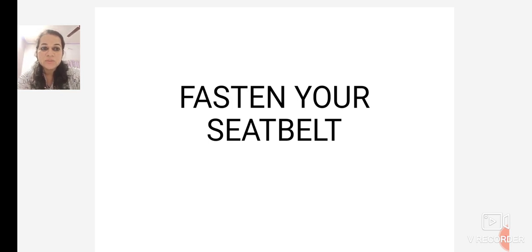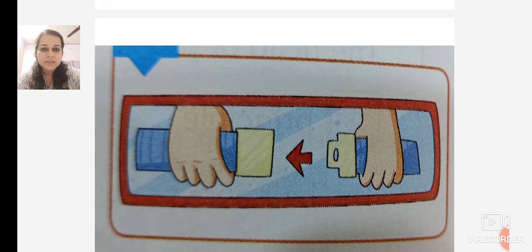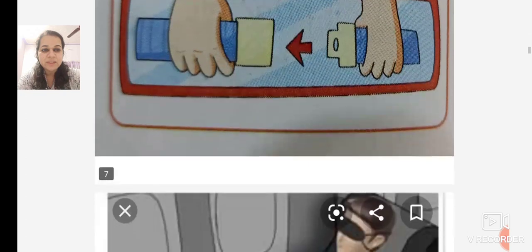Fasten your seat belt. You see it in an aeroplane. It means when the airplane is ready to take off, it gets a push up. So to remain firm on your seat, you have to tie these seat belts.